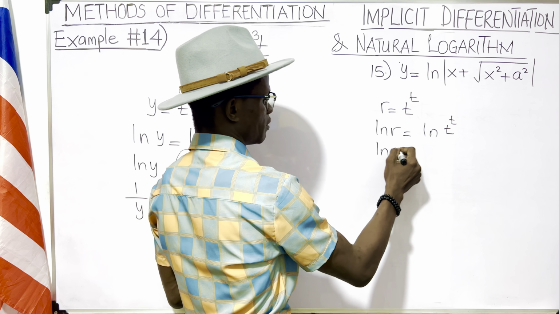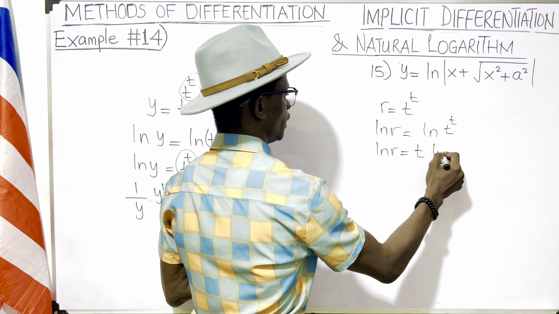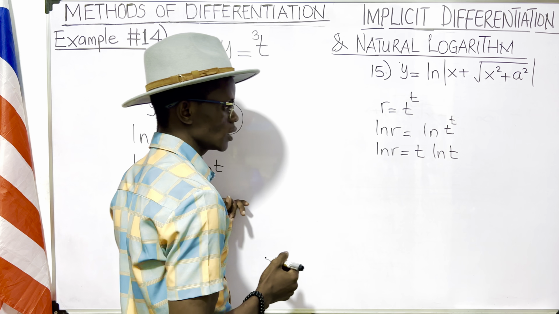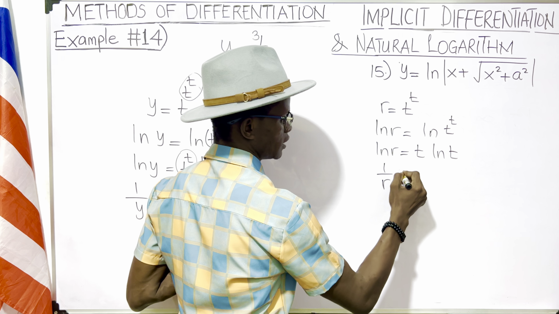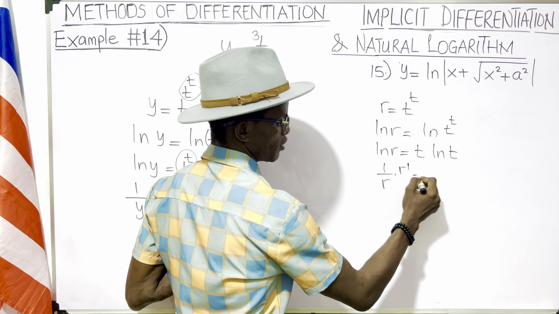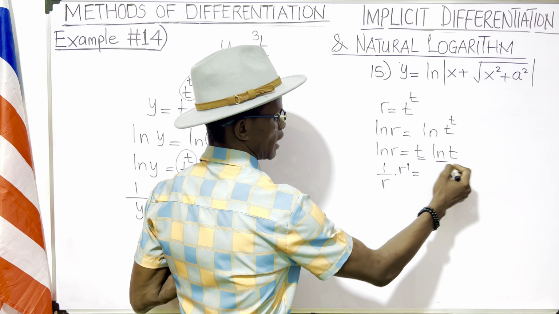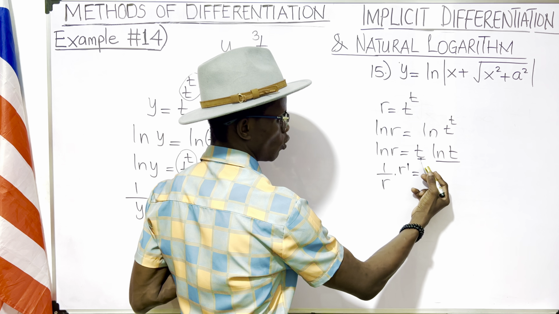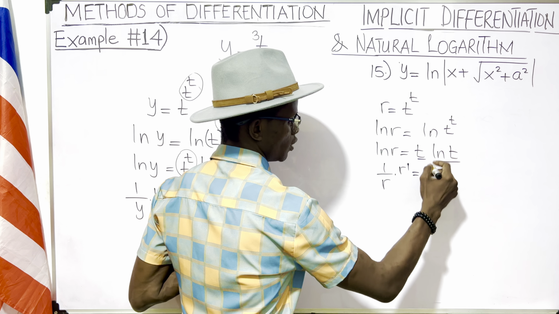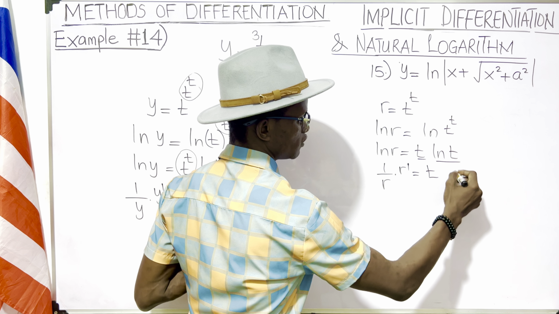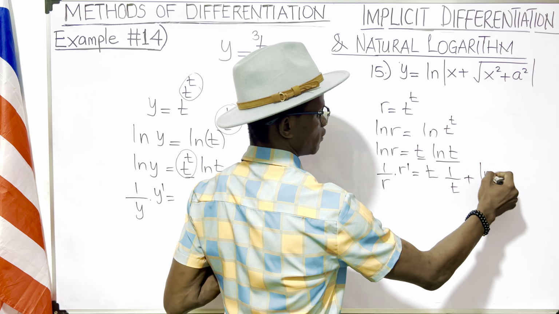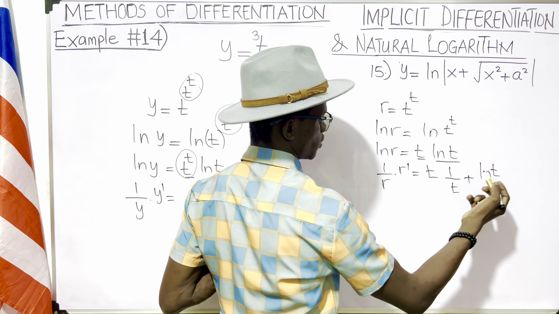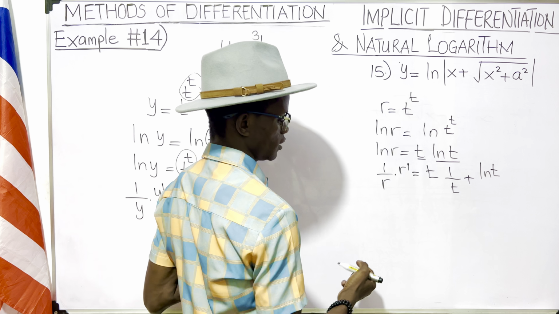You have ln of r equal to t ln of t. Now you differentiate: 1 over r times r prime. We have two separate functions, so you hold one and differentiate the other. We hold t and differentiate ln of t, which is 1 over t, plus we hold ln of t and differentiate t, which is just 1.